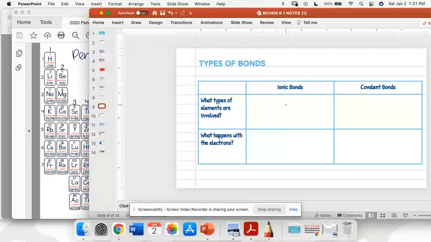And that's important that we know the difference between those, because when we get to naming and predicting the products of a reaction, we have to know what kind of bond is going to form, and do these elements actually come together? So in ionic bonds, the kinds of elements that are involved are typically, or if we're talking about one specific compound, a metal plus a nonmetal.